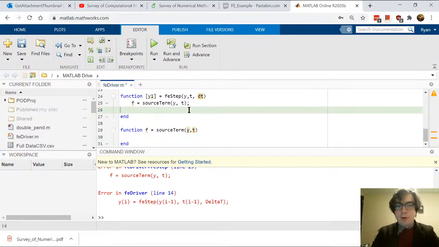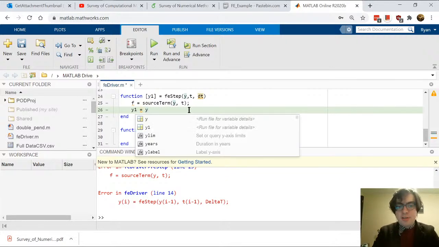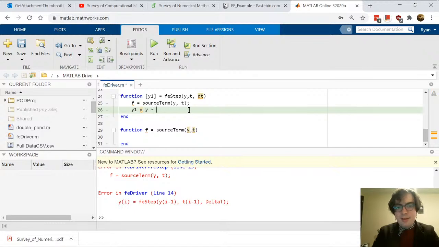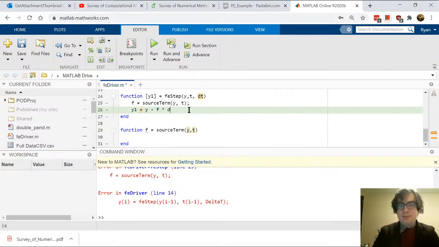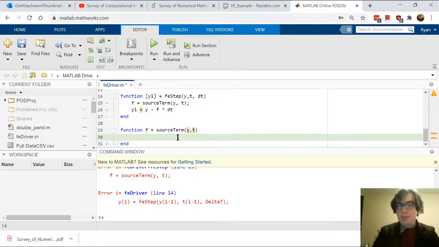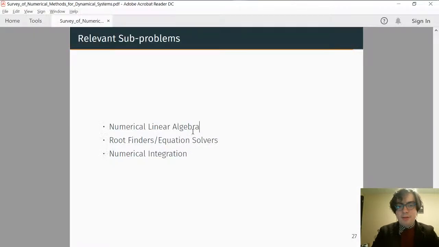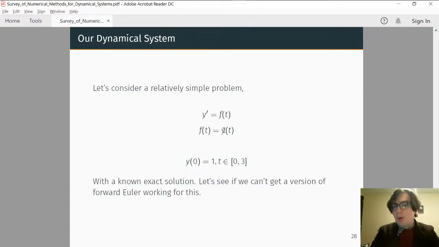All right, so my forward Euler step is just going to be that the next step, y1, is equal to the current time step minus my source term times delta t. And then my source term, that function for our given problem at the very end here, was just y of t.